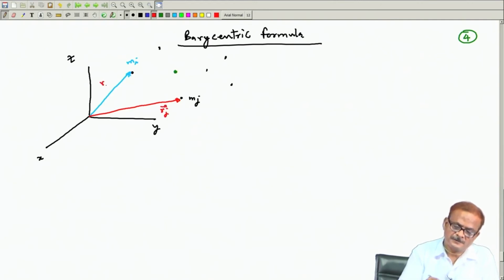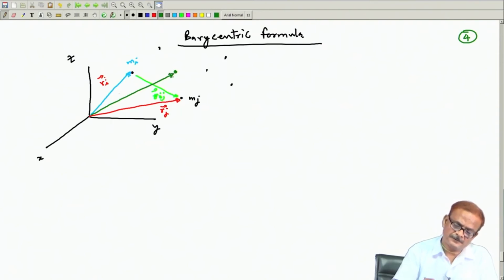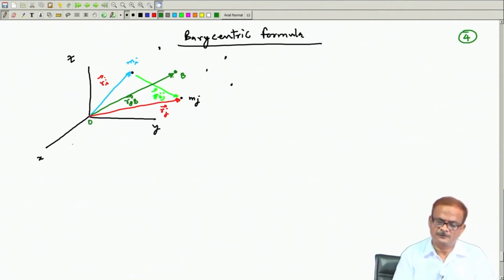This is Rj, this is Ri, Rij, and this is where the barycenter is lying. Let us say this point is B. So, we can indicate this as R O B. This is the point O.